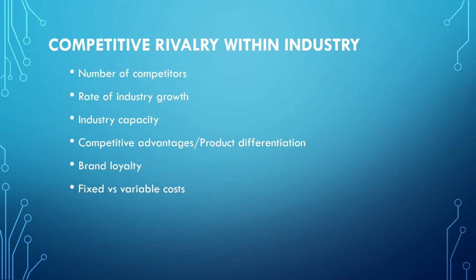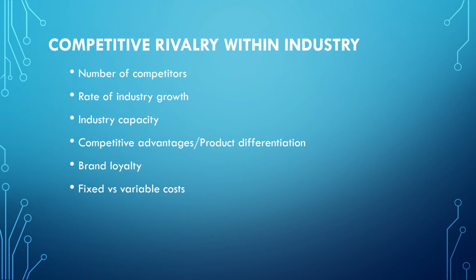So if I have a lot of excess capacity, unused capacity, the competitive rivalry tends to go up. If there's a lot of competitive advantages in product differentiation, then competitive rivalry goes down. And the reason it goes down is because customers don't see you folks as viable alternatives for each other.